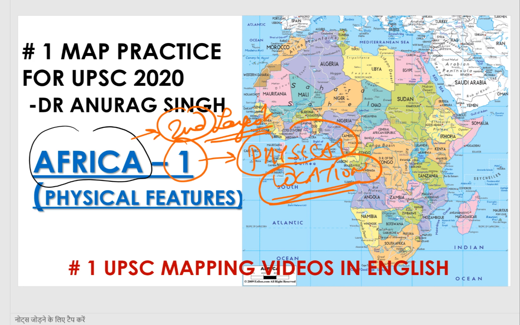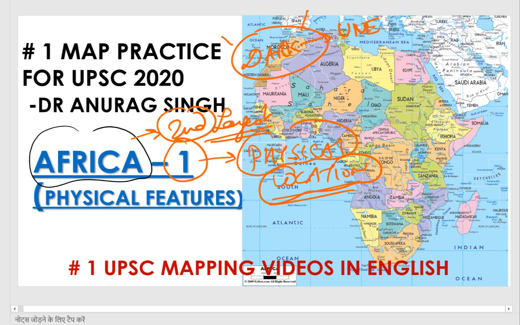So let's start today's session. Africa is the second largest continent of the world. As I told, it has also been referred to as the dark continent of the world. The phrase dark continent here means that it is still unexplored. Much of Africa is still unexplored since the medieval times and the modern times.